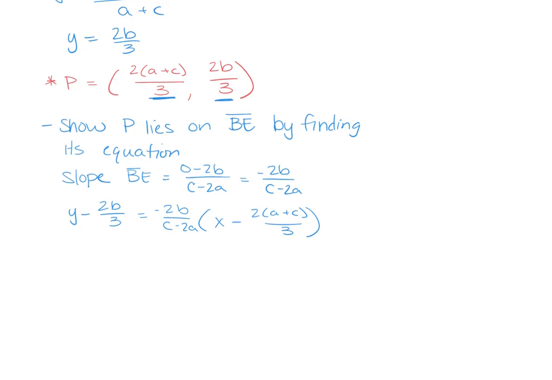All right, so that will end up simplifying and giving me y equals negative 2bx over c minus 2a plus 2bc over c minus 2a.